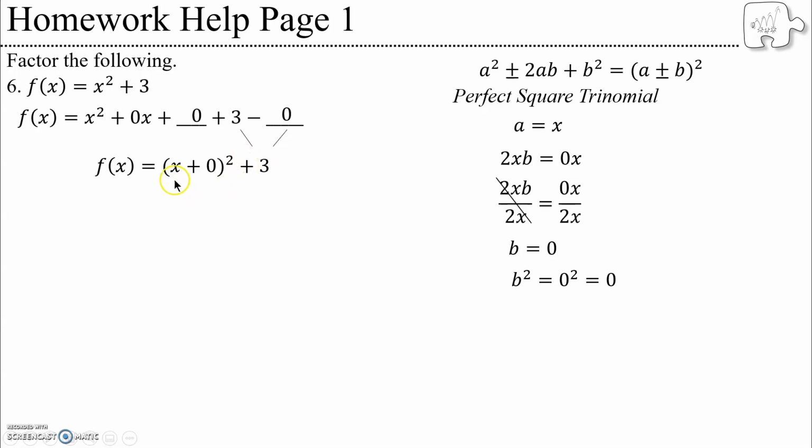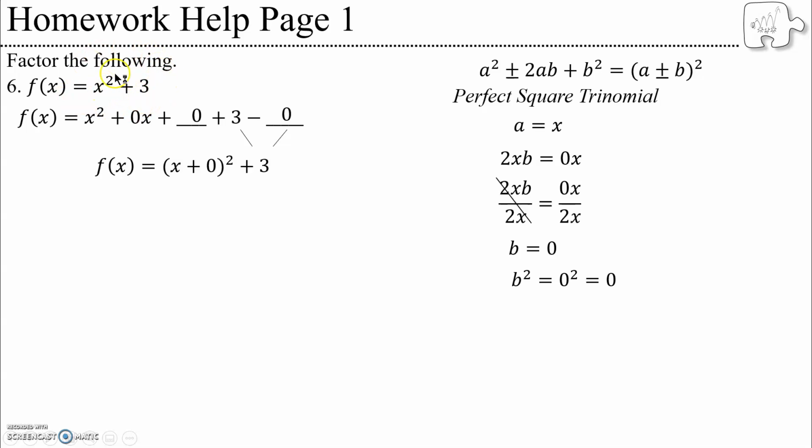So this is actually a trick problem, because this is the same thing as this, because x plus 0 is just x. So it's just x squared plus 3. So you could just leave your answer like this.